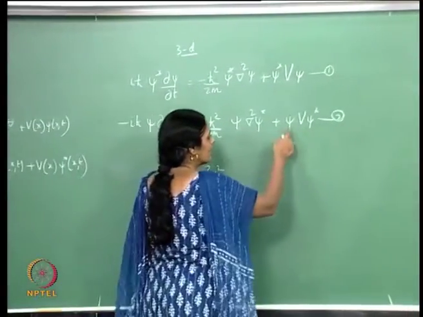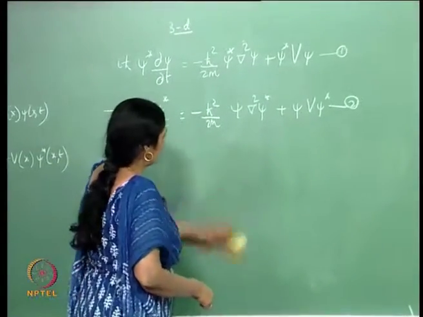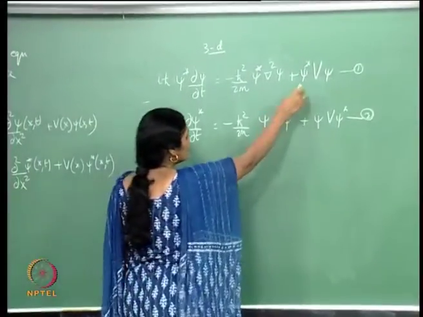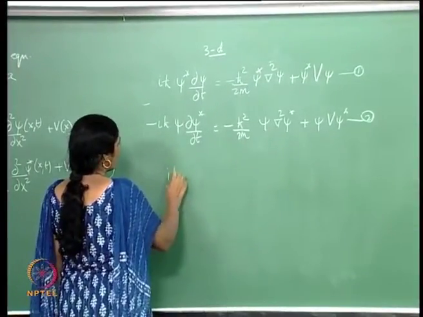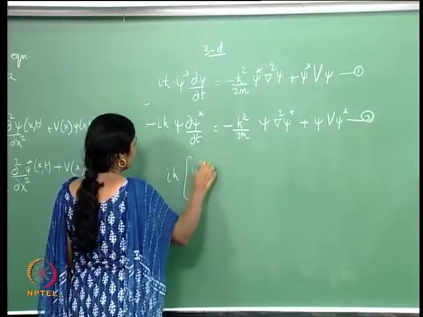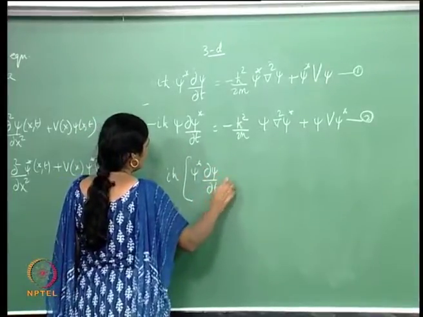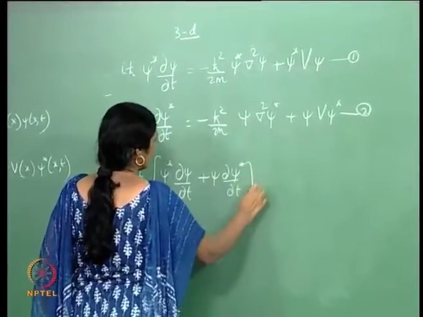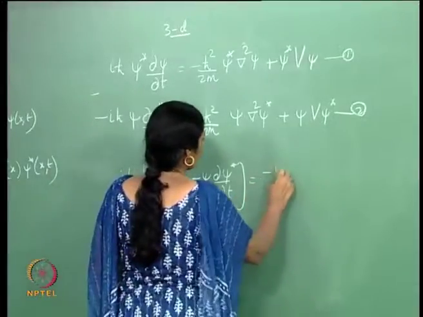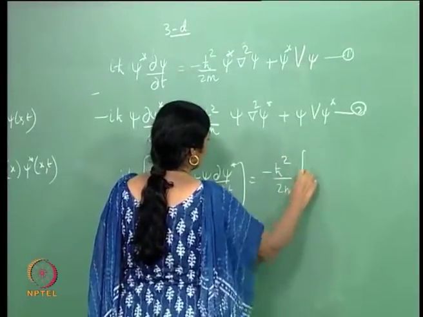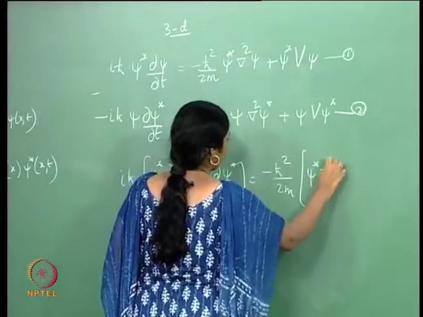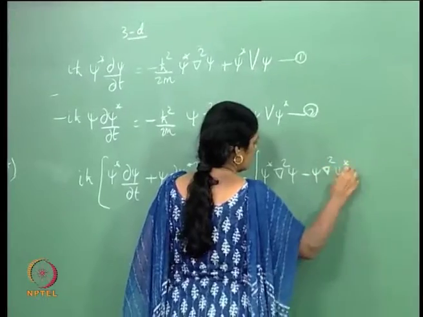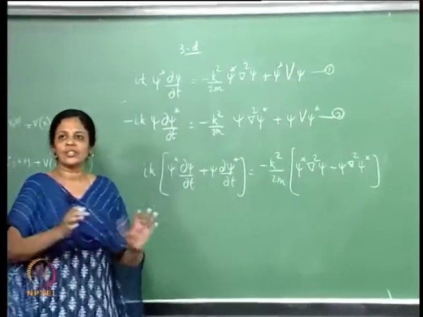The point is that these objects commute in general, and therefore if I subtract 2 from 1, I have i h-cross times psi star delta psi by delta t plus psi delta psi star by delta t is minus h-cross squared by 2m times psi star del squared psi minus psi del squared psi star, and the potential term cancels out.